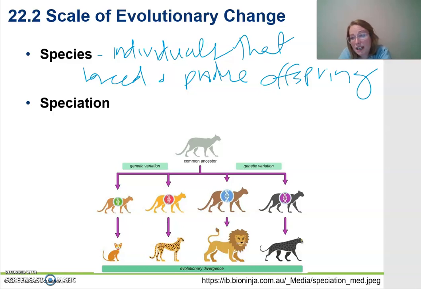And then postzygotic, is that offspring able to develop, and then is that offspring fertile? So common examples there would be a mule that is not able to pass on its genes. Cool. And so speciation is seeing new species occur.